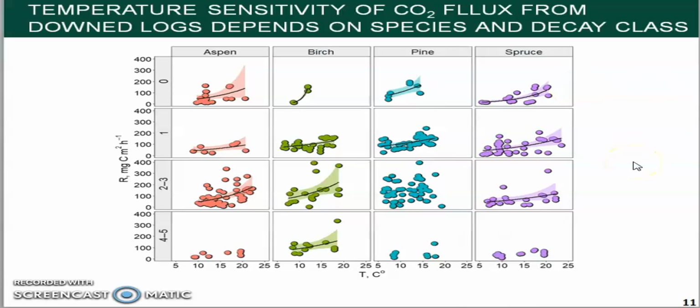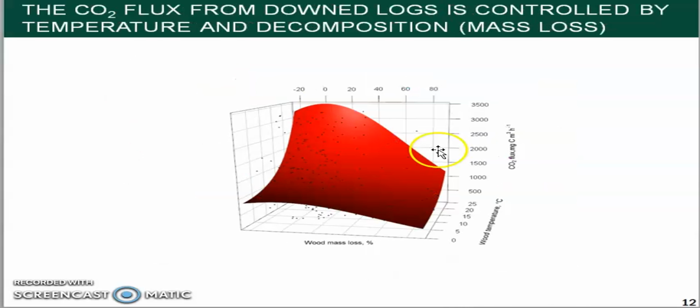From decomposing logs, the sharpest curves and the most obvious dependence on temperature were for middle decomposed logs, decay class 2 and 3. And for pine, there was no dependence because of the very heterogeneous decomposition process for pine.